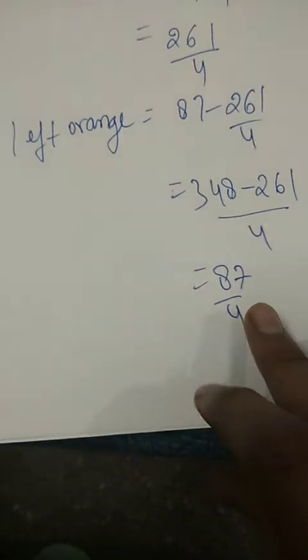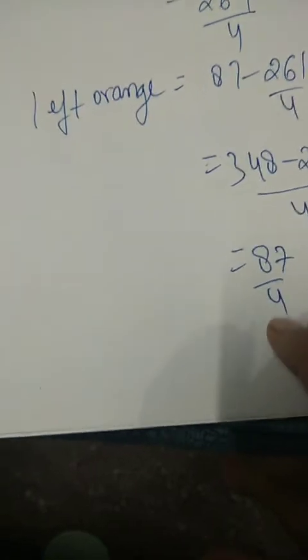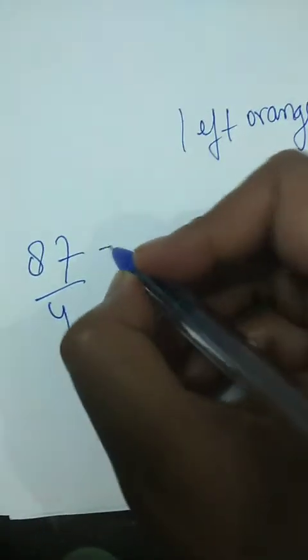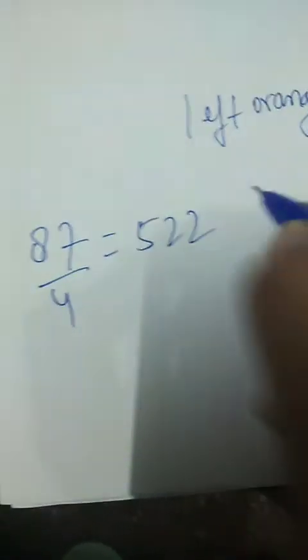So left orange is 87 by 4. Now the value of this 87 by 4 is 522.